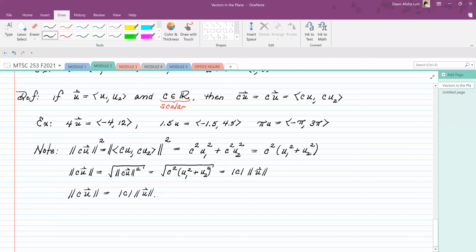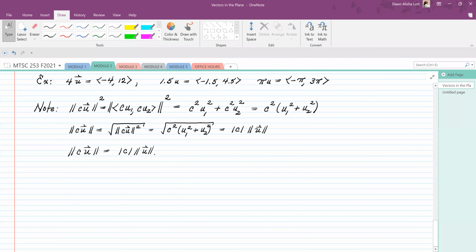All right. Well, let's talk about negative vectors. So the negative of the vector U is the vector negative U. So now I know how to find negative U because I know how to multiply it by a scalar.